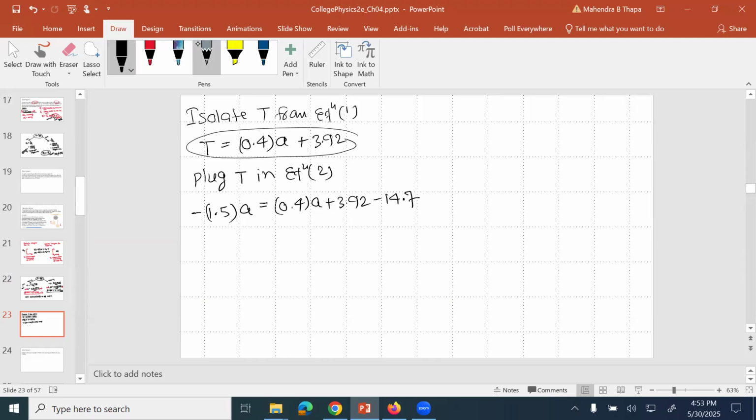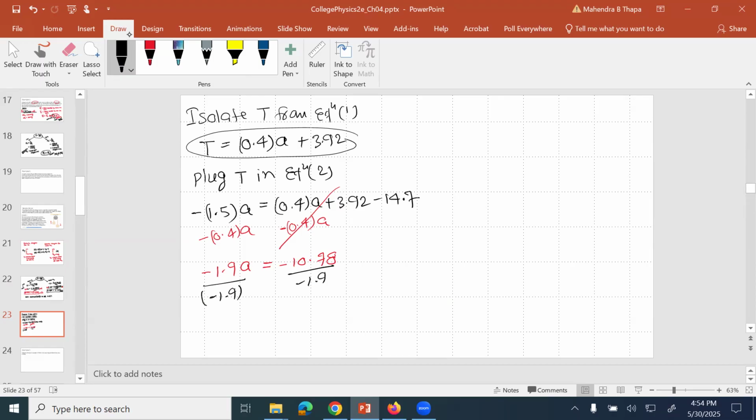The rest is algebra. I subtract 0.4A from both sides, so this cancels out, and I'm left with negative 1.9A equals negative 10.78. Then I divide both sides by negative 1.9.